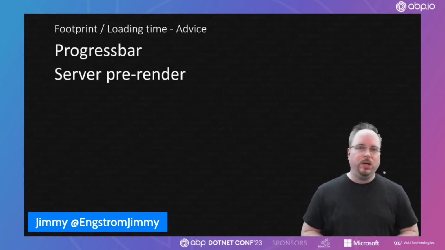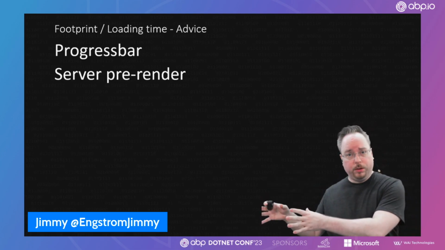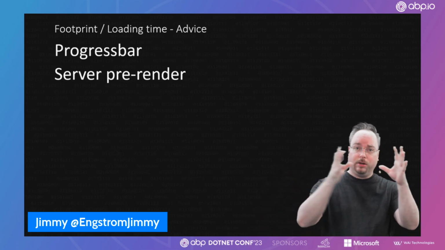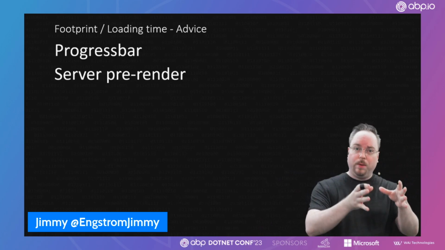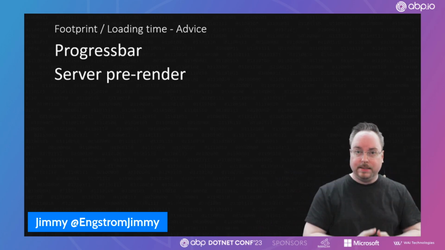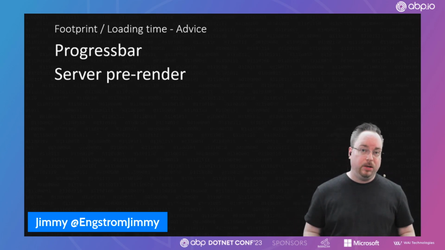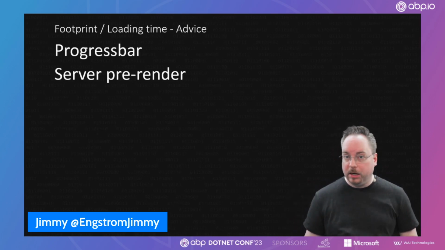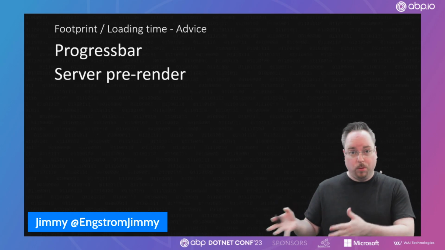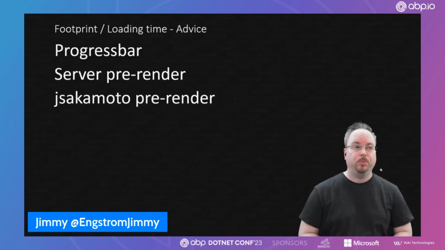We can use server pre-render. So we can pre-render all the content on the server, then it's going to get pushed over, and when WebAssembly is done, it's going to be replaced. Now, the downside is that you need an ASP.NET backend. Maybe not a downside, I don't know. If you already have one, why not use it?